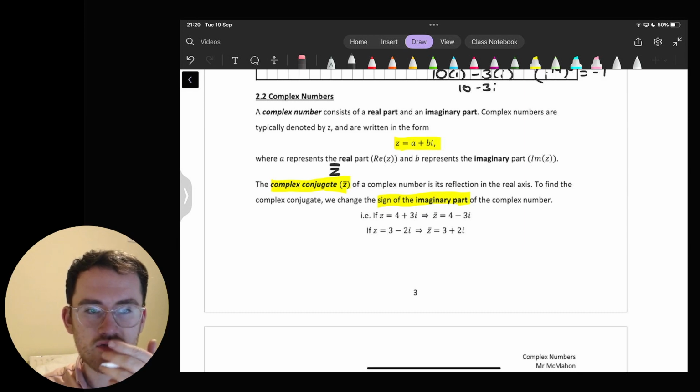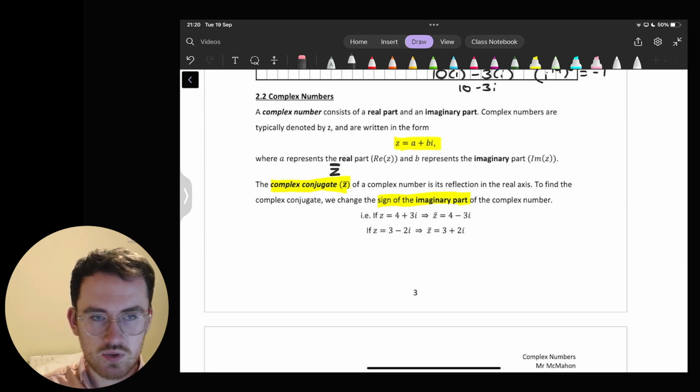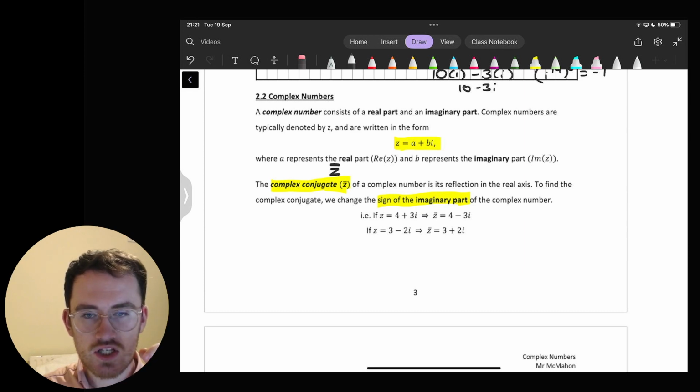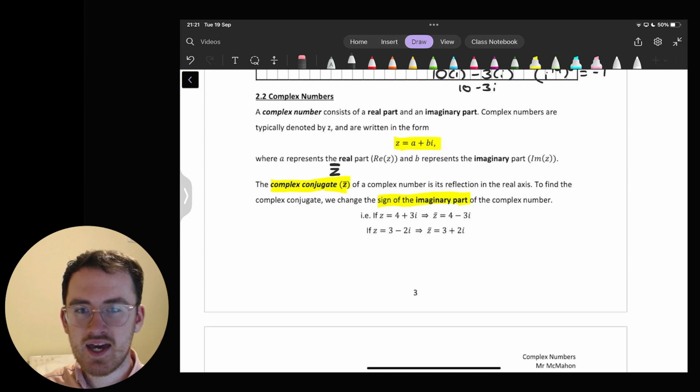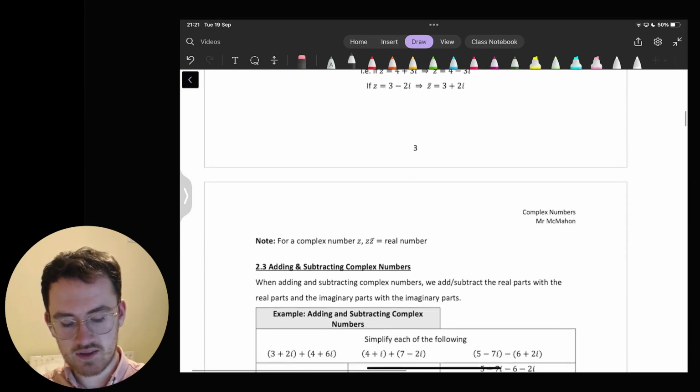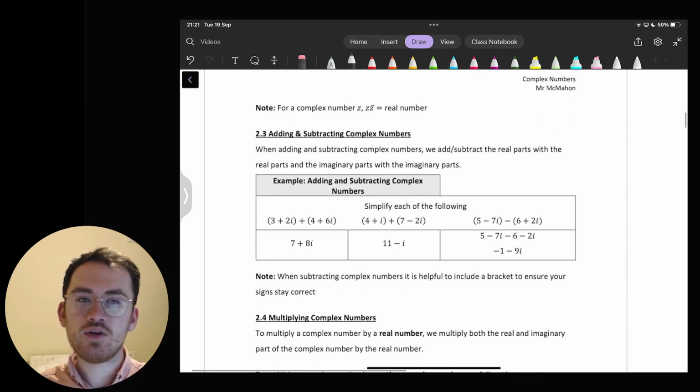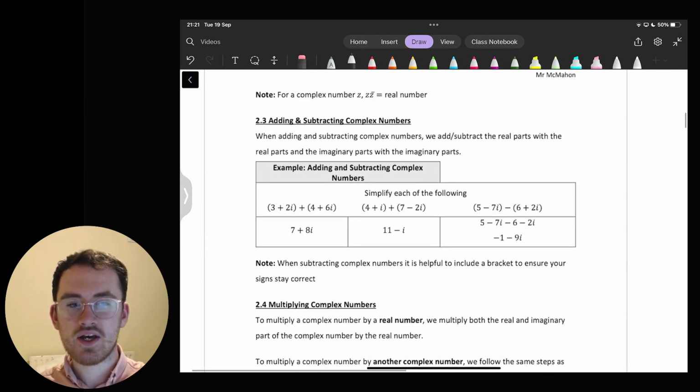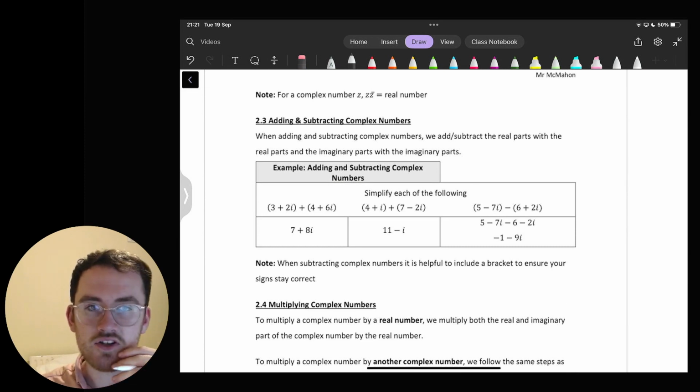If z is 3 minus 2i, z conjugate is 3 plus 2i. So we're just changing the sign of the imaginary part. Worth noting as well, we tend to use z for our complex numbers, and z conjugate being the conjugate, obviously. And a note as well that for a complex number, if we multiply it by its conjugate, we end up with a real number.